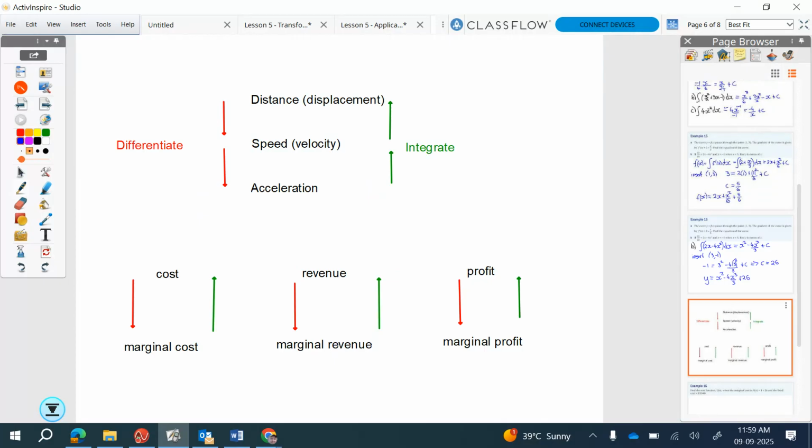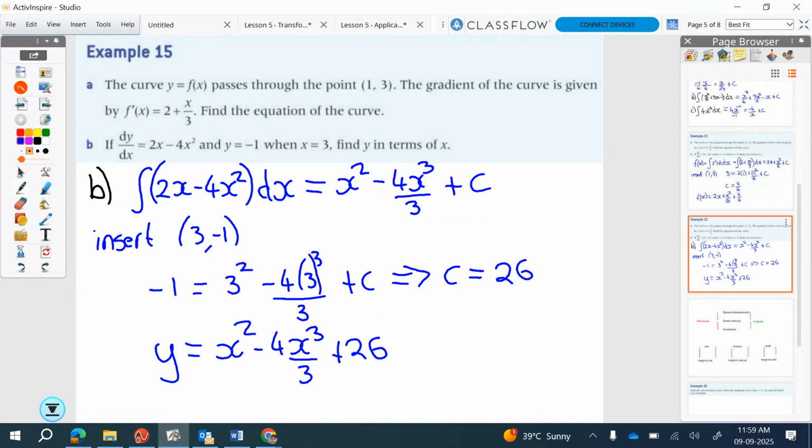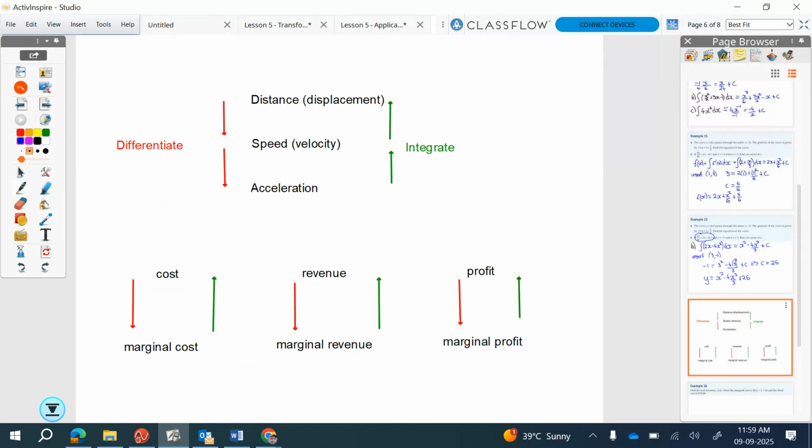Usually, most of the questions you can see clearly because they'll say the rate at which whatever they're talking about is increasing is given by this function. So when they talk about the rate at which something is changing or increasing, it's giving you a derivative.